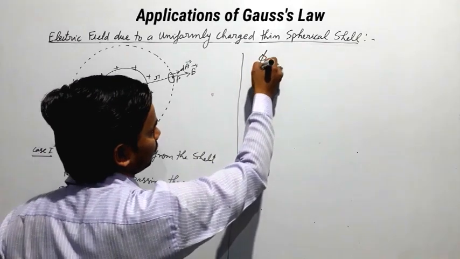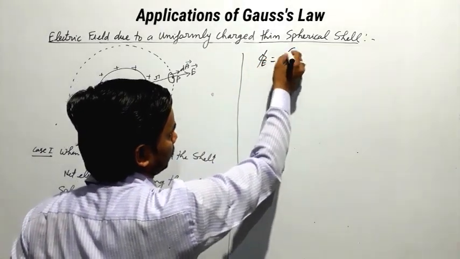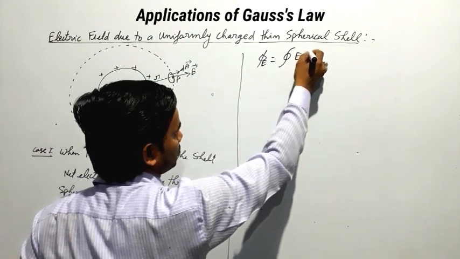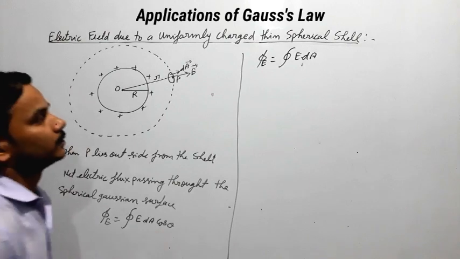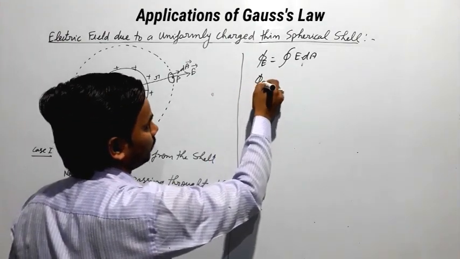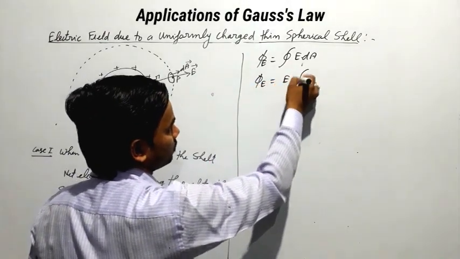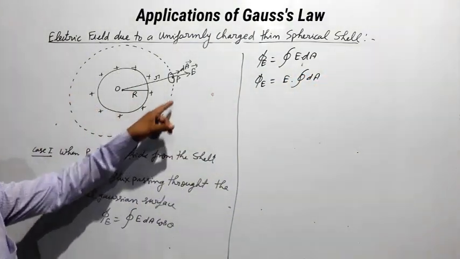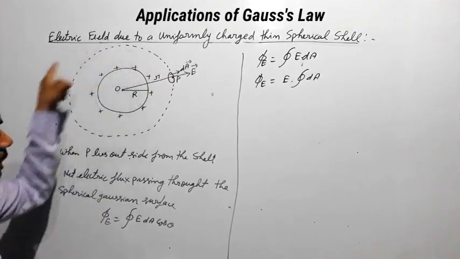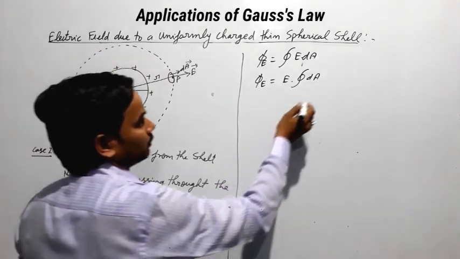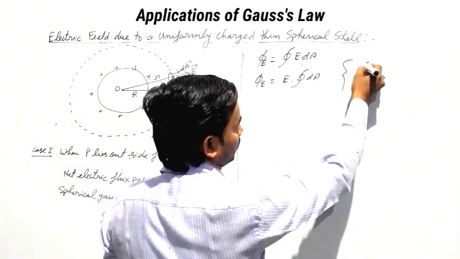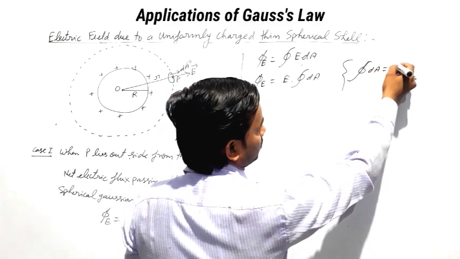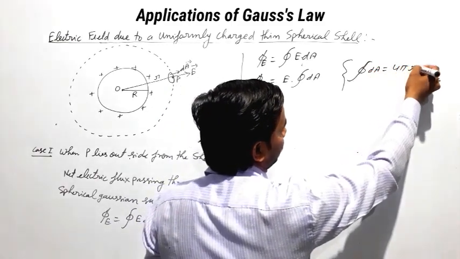So we can write phi E equals the surface integration of E dA, because the value of cos 0 is 1. So phi E equals E into the surface integration of dA, and the surface integration of dA is the total surface area of the sphere, which is 4 pi r square.